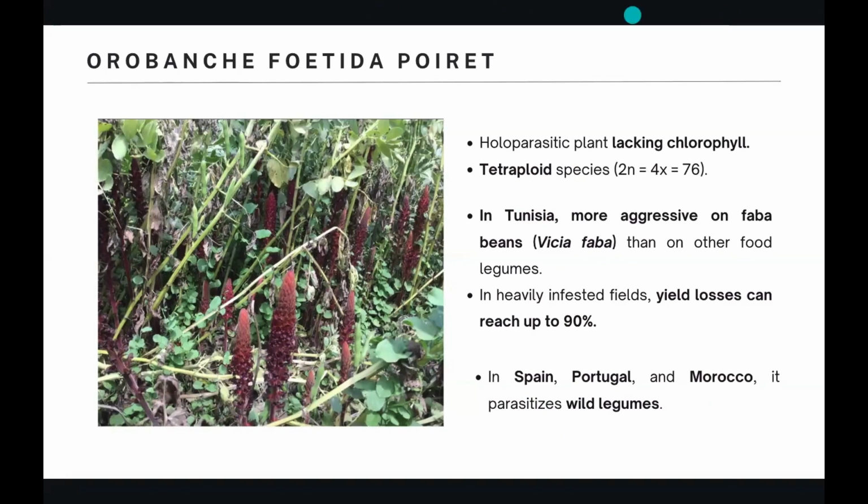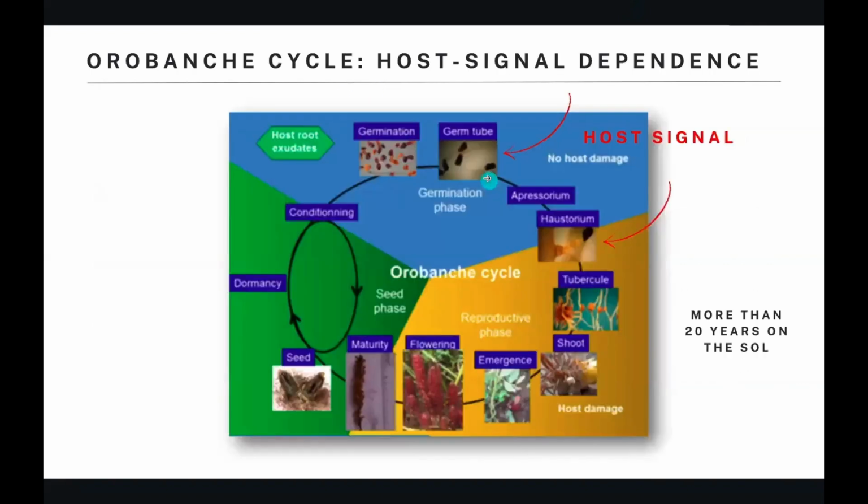In Tunisia, it's particularly aggressive on faba bean, Vicia faba, causing significant yield losses. In heavily infested fields, these losses can reach up to 90%, posing a serious threat to agriculture. Beyond Tunisia, Orobanche foetida is attacking wild legumes and plants in regions like Spain, Portugal, and Morocco.